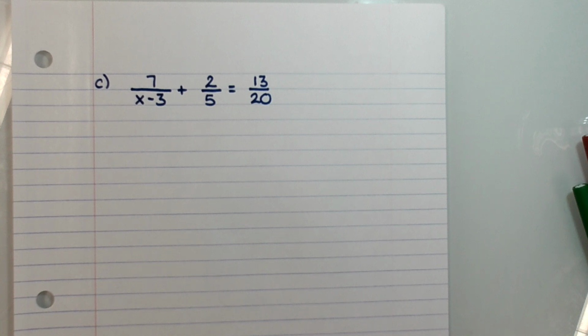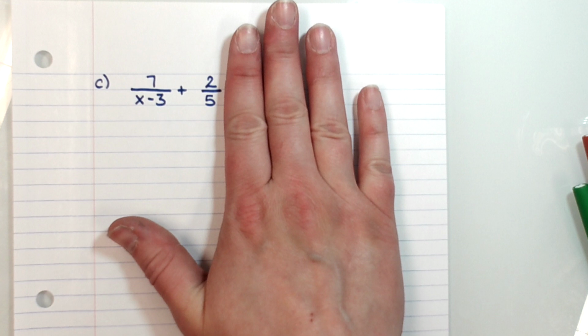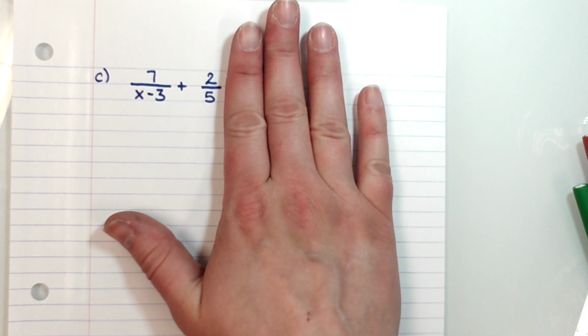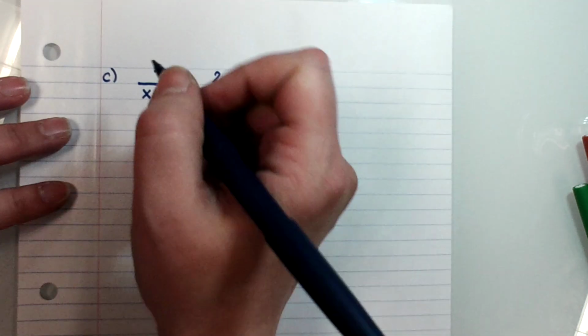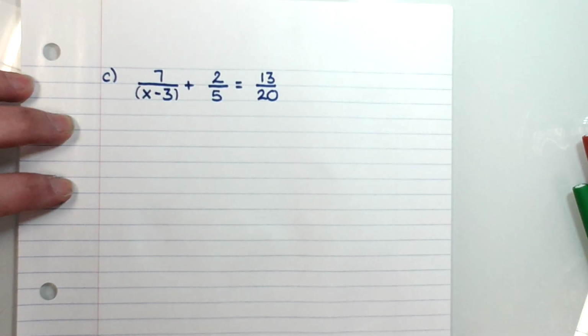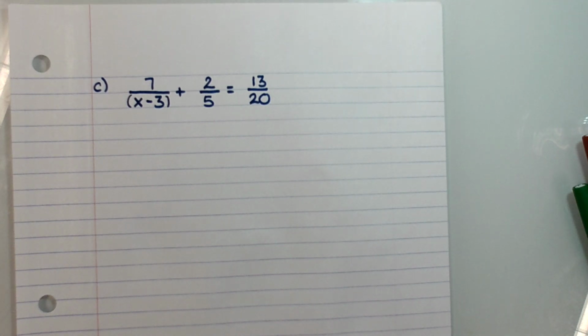If you are going to solve using the first method, you cannot cross multiply until you have a proportion, until you have a single fraction equal to a single fraction. Which means if you want to cross multiply to solve, the first thing you have to do is add those two fractions. To add fractions, what would you need? Common denominator. Least common denominator of those two fractions would be 5 times x minus 3.